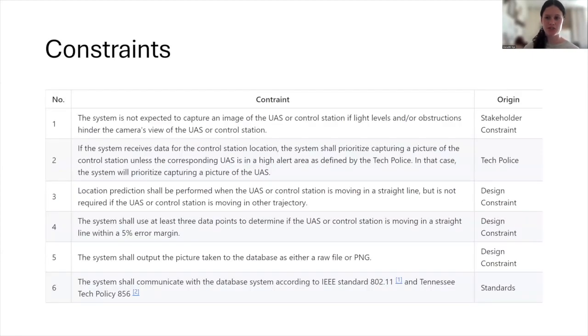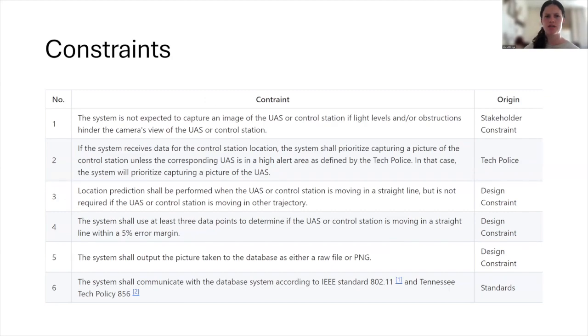There are 6 constraints for this system. The first constraint is that the system is not expected to capture an image of the UAS, the unmanned aircraft system, or control station if light levels and/or obstructions hinder the camera's view of either of those things.